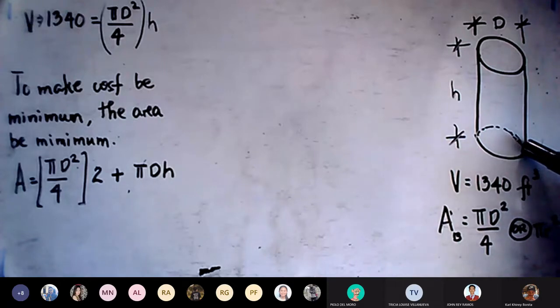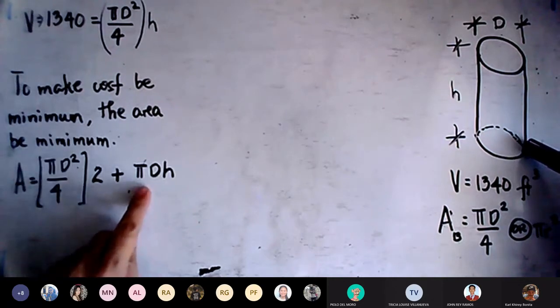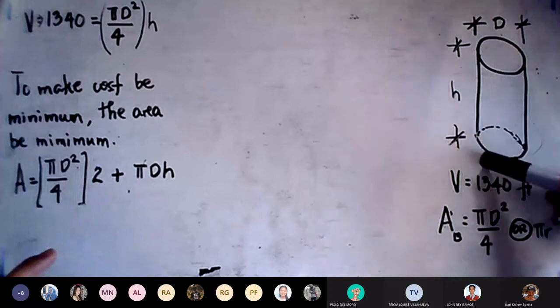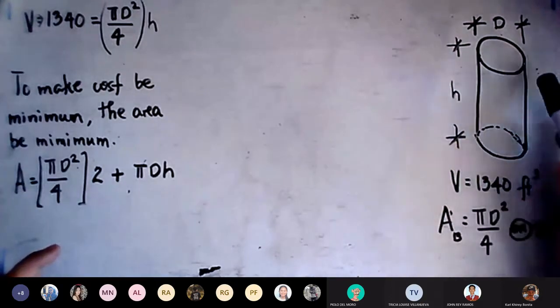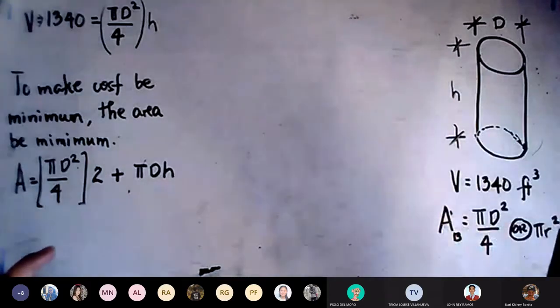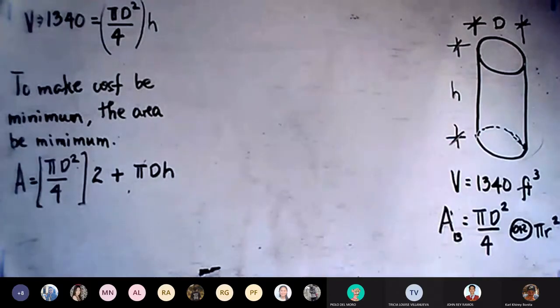So since we are expressing all units in terms of the diameter, we might as well use the formula for the circumference, which is equal to pi d. So the circumference multiplied by the height is simply the area to be used for the entire side of the cylindrical boiler.